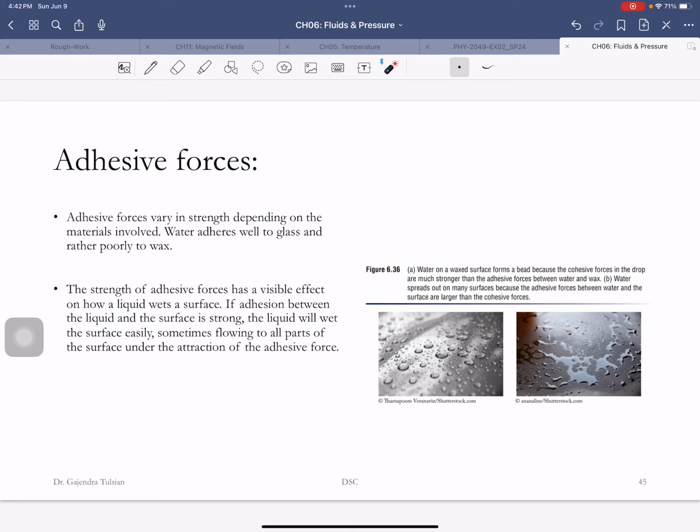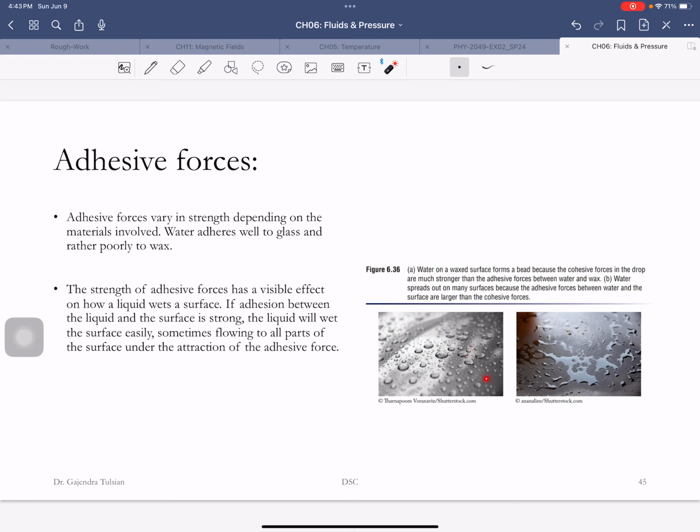So adhesive forces vary in strength. Adhesive forces are forces between unlike molecules. Okay, so you see when the adhesive forces are great, then the liquid will wet the surface. When adhesive forces are smaller, so when cohesive forces are greater than adhesive forces, you have beads forming. So this is water on a waxed surface, and this is water on an unwaxed surface.